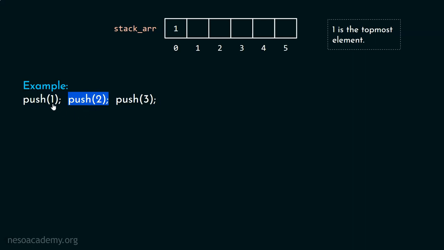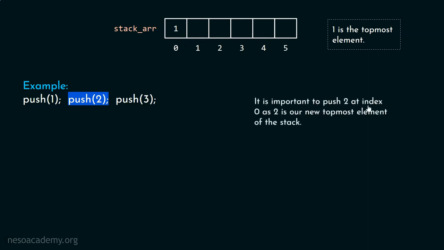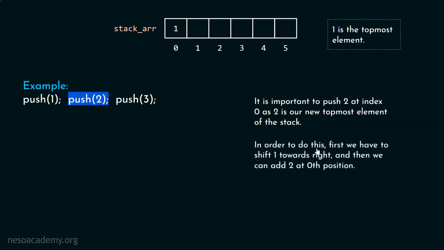Here after pushing the element 1, we are interested in pushing the element 2. Okay. Now before pushing this element 2, we have to create room for this element. Here we have to make this space empty. For this purpose, of course, we have to shift this element towards right. Isn't that so? It is important to push 2 at index 0 because this is going to be our new topmost element, right? In order to do this, first we have to shift 1 towards right.